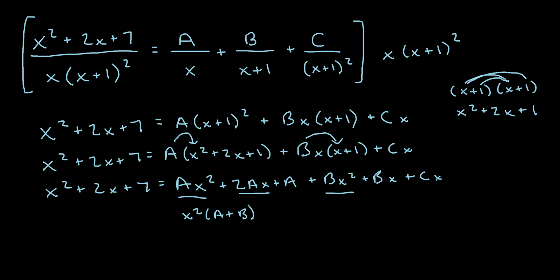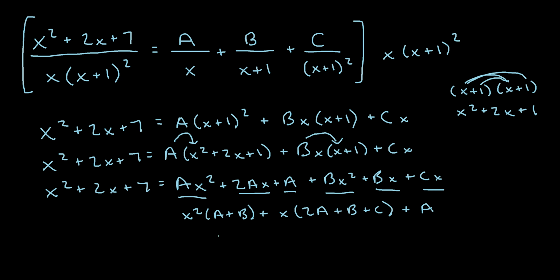Well, here's a 2ax, a bx, and a cx. So if we pull an x out of all of those, we'll have plus x, we'll have 2a plus b plus c. And then our last term that we're left with is this a all by itself. So we'll say plus a.